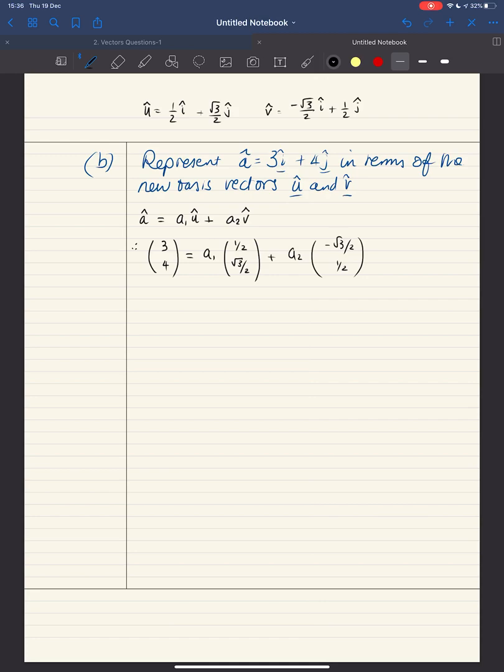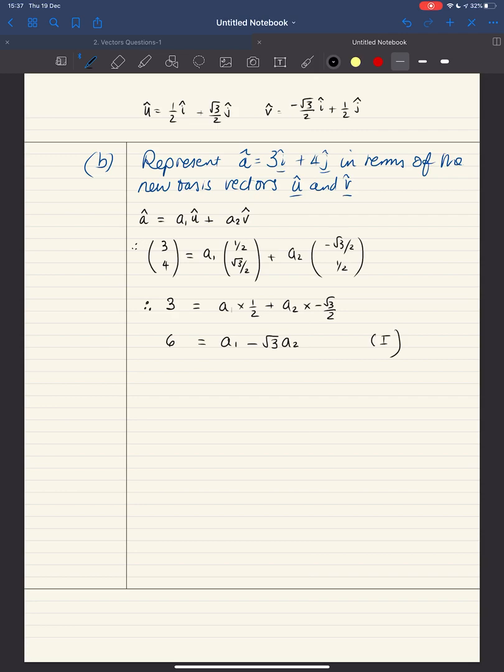So we're going to look at the top components. So we'll get simultaneous equations. So 3 is a1 times 1/2 plus a2 times minus root 3 over 2. So multiply everything by 2, we actually get 6 is a1 minus root 3 a2. We'll call that equation 1.